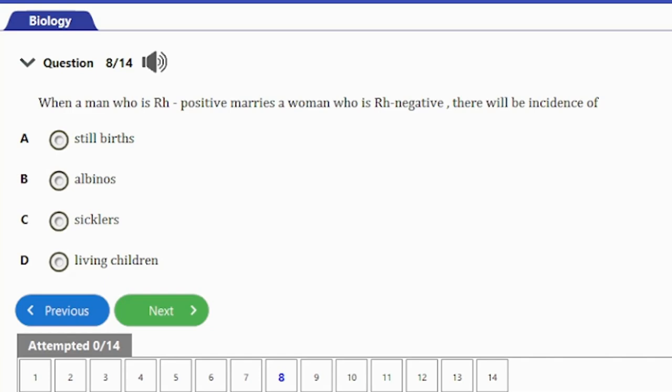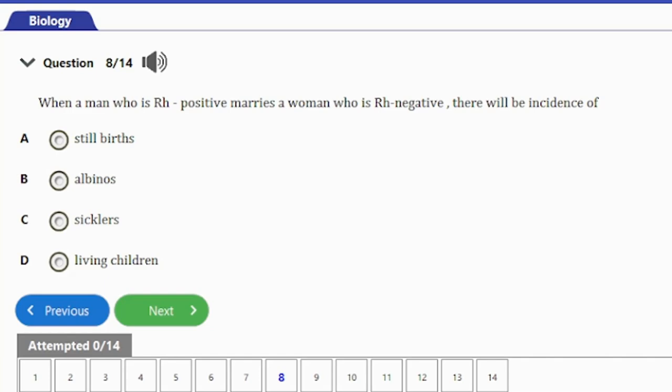If an Rh positive man marries an Rh negative woman, when the woman conceives and gives birth to the first baby, if the baby is Rh positive, the mother's blood recognizes the baby's blood as foreign to its own blood and produces antibodies against it.